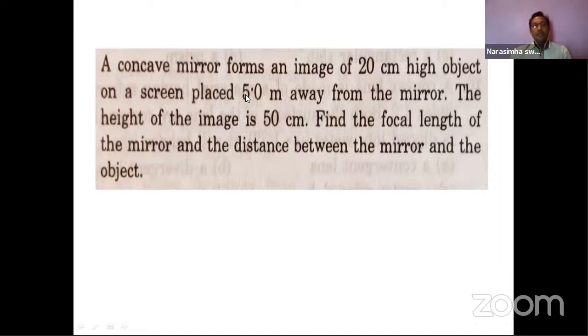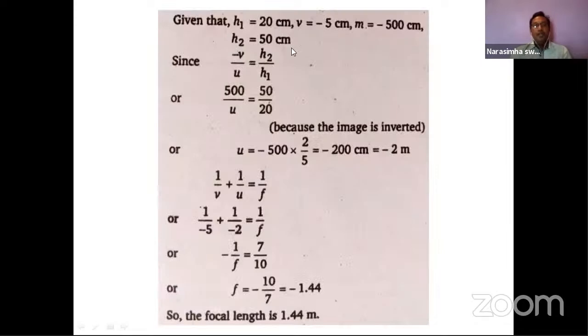So H1 is 20, H2 is 50, V is given as 5 meters, that is minus 500 centimeters. This is the magnification we are getting, right?